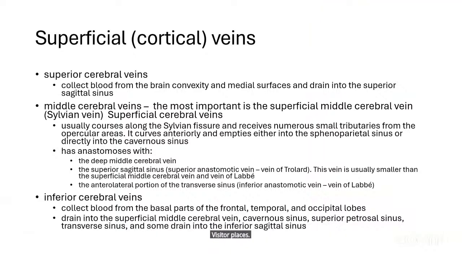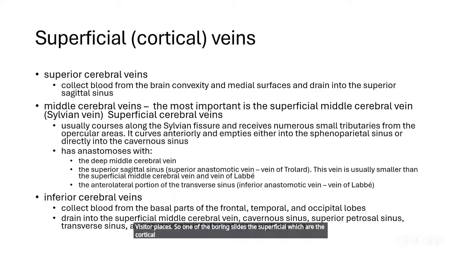One of the boring slides, the superficial veins, which are the cortical veins. We all know what the cortical veins are. When we open the dura, those are the veins that we deal with. And also there are some middle cerebral veins, and the most important superficial middle cerebral vein is the Sylvian vein, and the inferior cerebral veins, which drain into the superficial cerebral vein and cavernous sinus, superior petrosal sinus, transverse sinus, and these skull base parts.